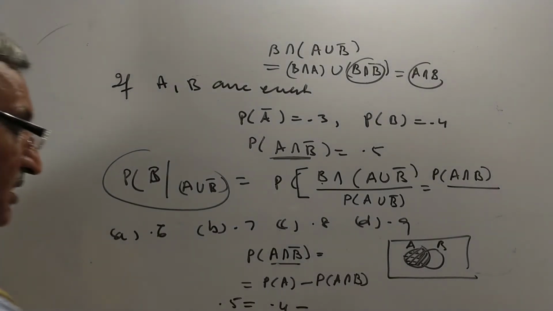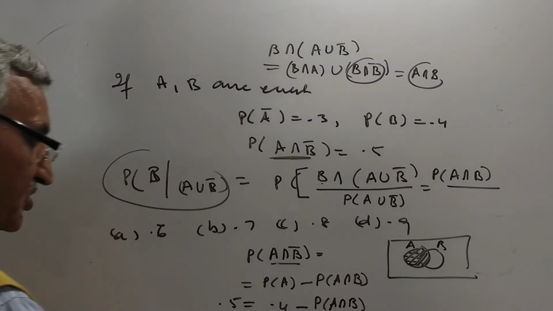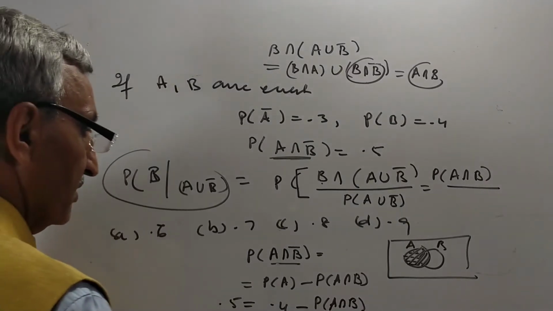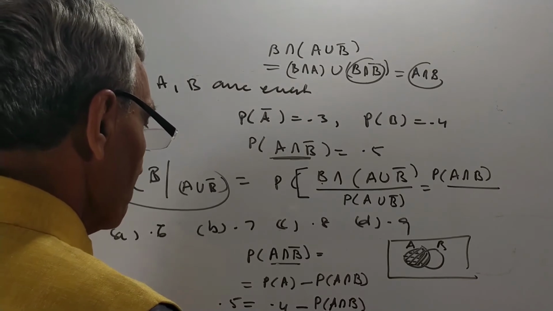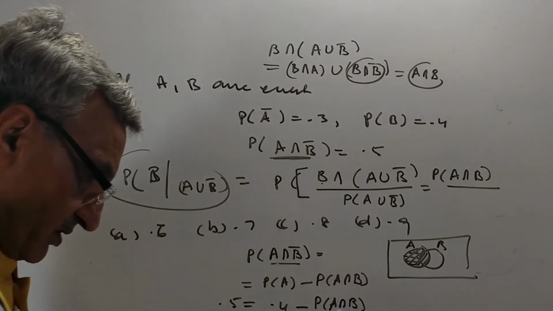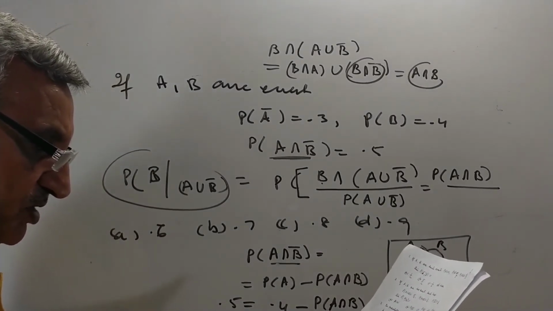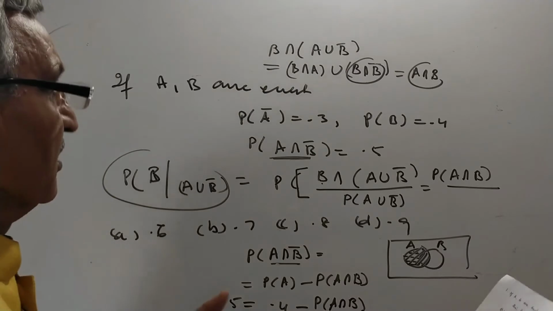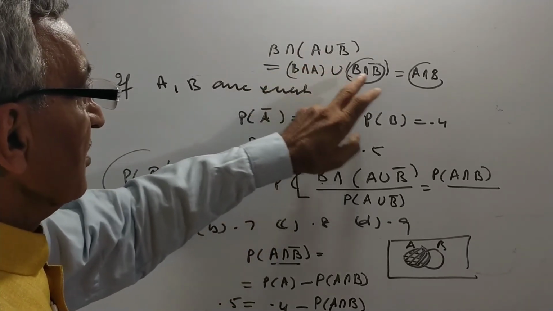So friend, I can find the intersection. What is the intersection of A and B equal to? The question says 0.4, and I find B intersection A, and the intersection is equal to 0.5.